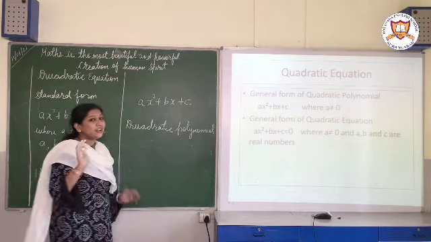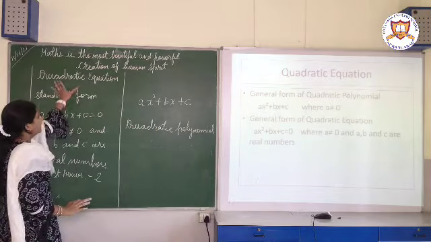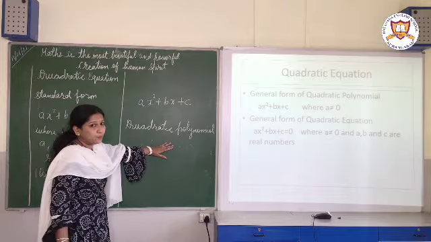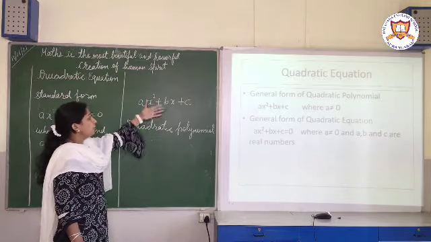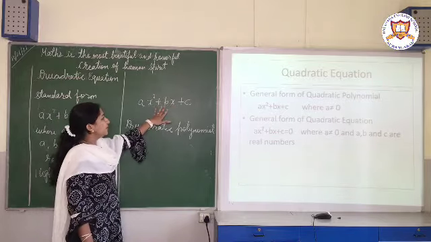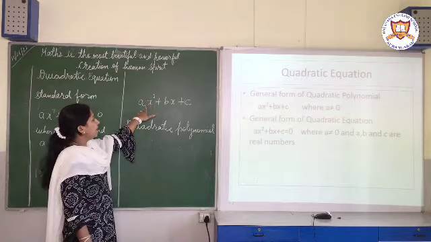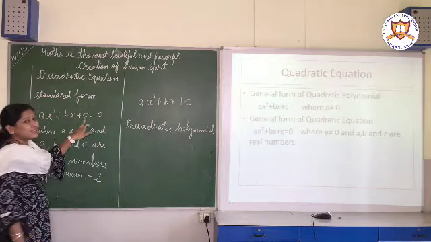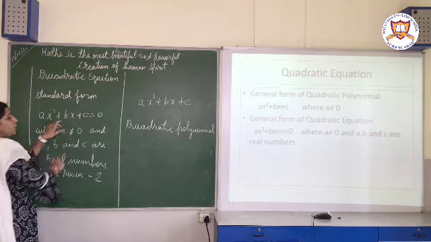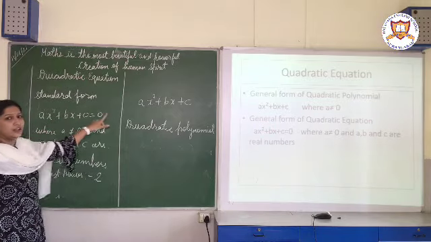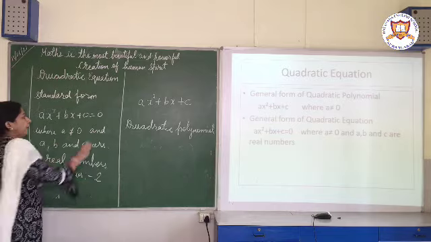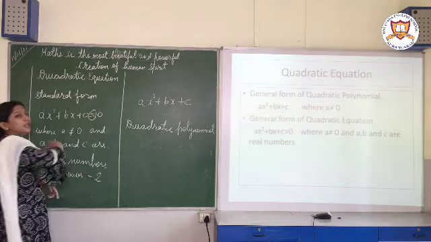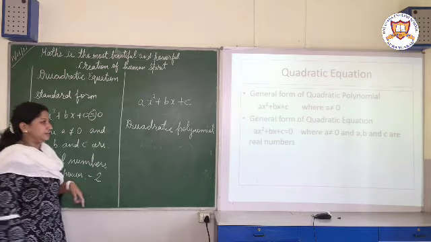So just understand the difference between the quadratic equation and quadratic polynomial. Quadratic polynomial is also represented in this standard form as ax square plus bx plus c. But the difference is that in the quadratic equation we have LHS and RHS, which is separated by this equal to sign.